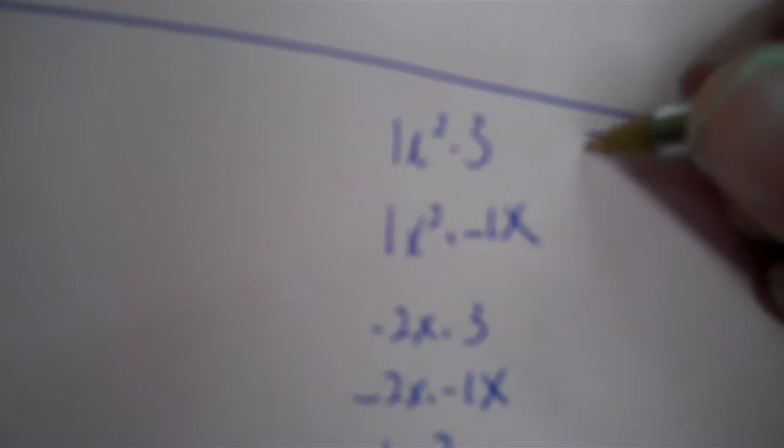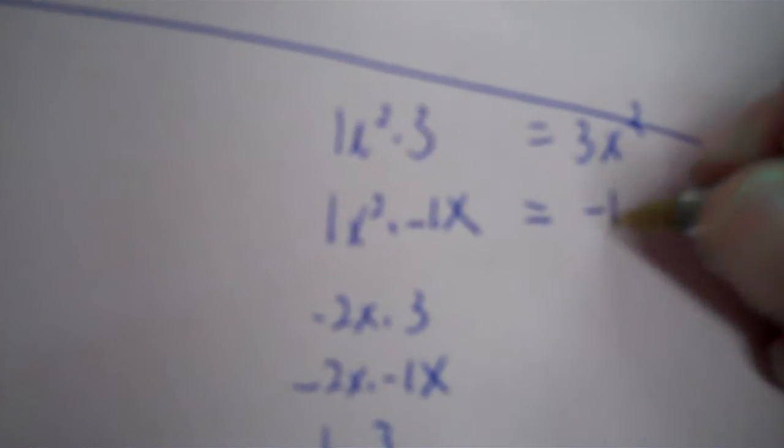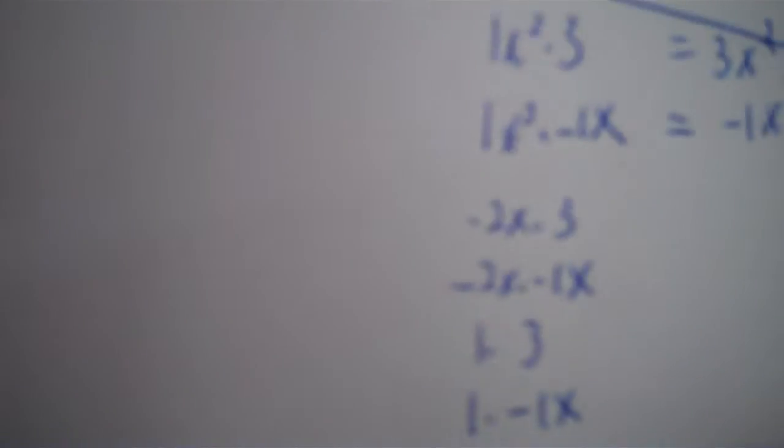And then finally the 1 times the 3, and the 1 times negative 1x. So 1 times 3 is 3 with x to the second. 1 times negative 1 is negative 1. Now x second times x takes us to x to the third. And then negative 6x. And then positive 2.